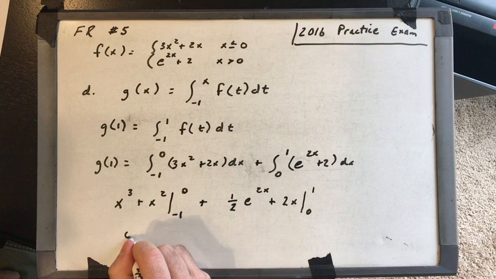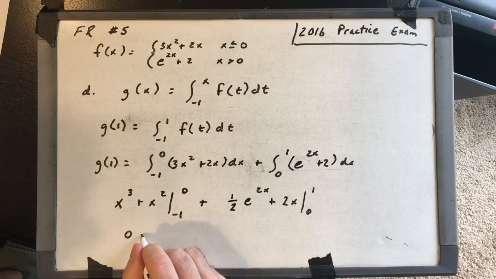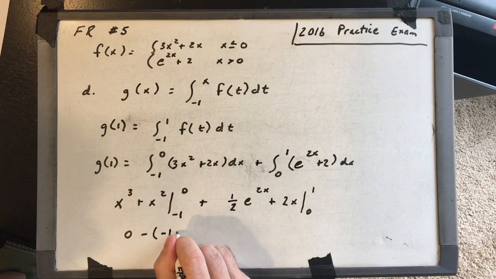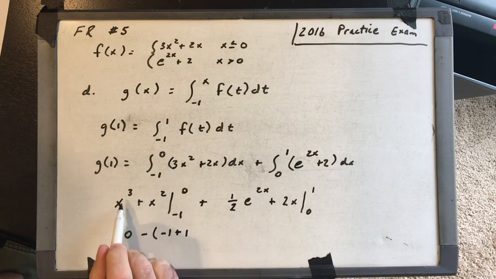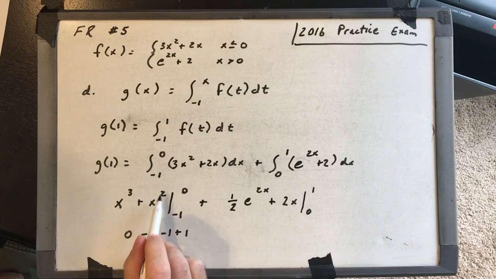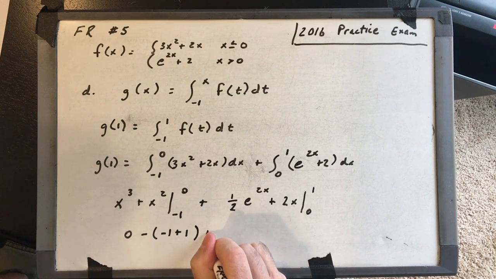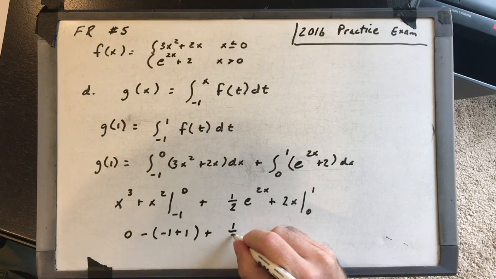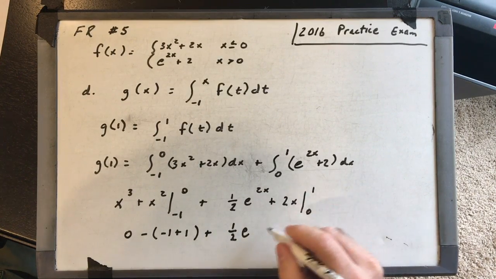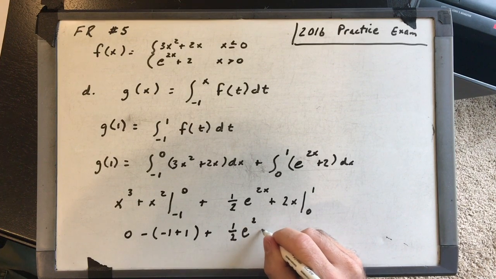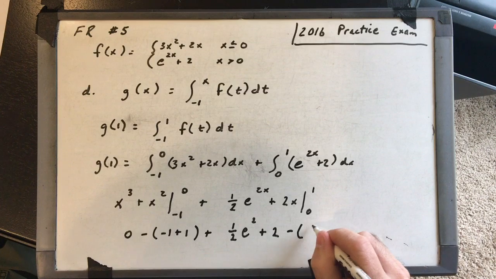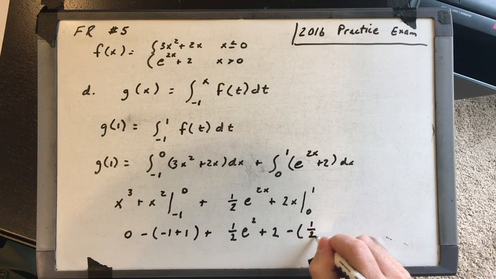So this would be 0 minus -1 plus 1, because -1 cubed is -1 and -1 squared is 1. Plus 1/2 e, if we plug a 1 in here, squared, plus 2, minus 1/2.